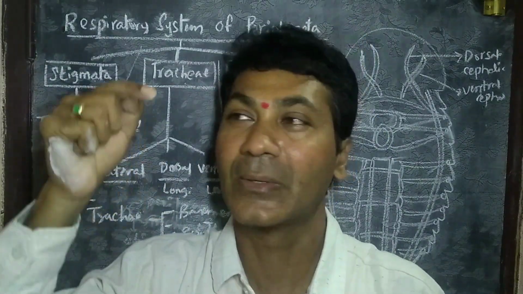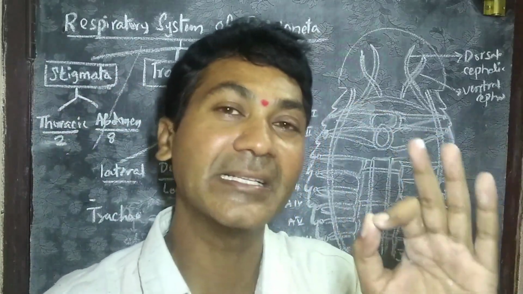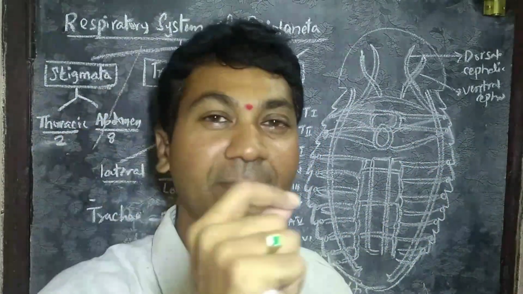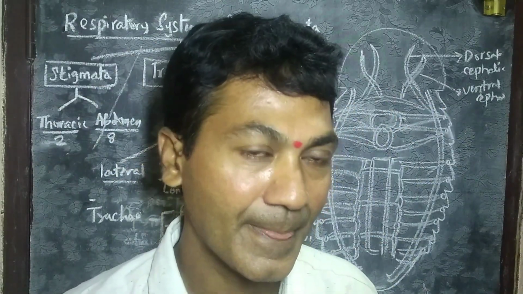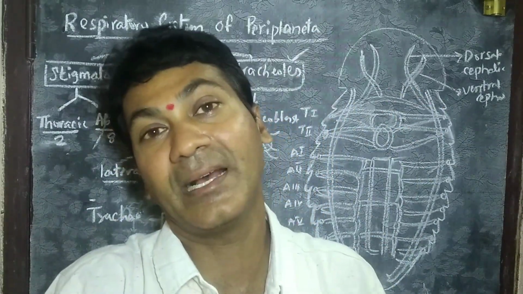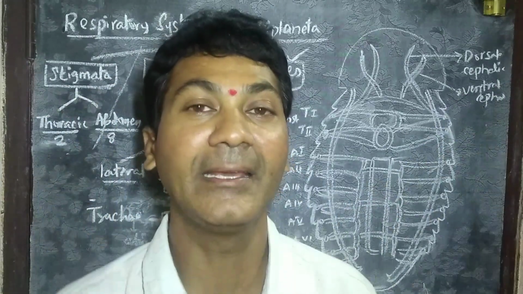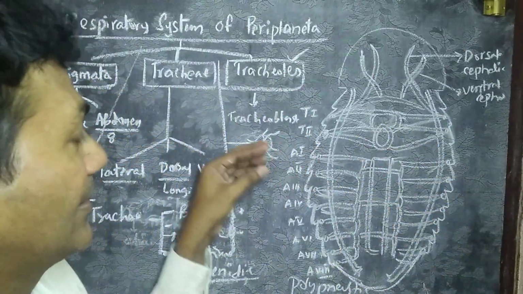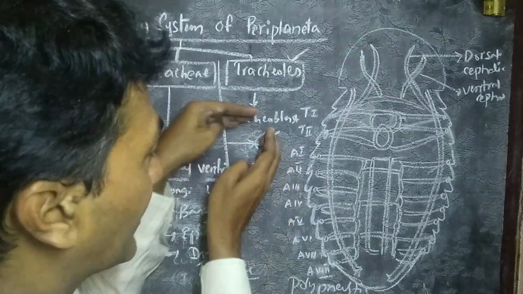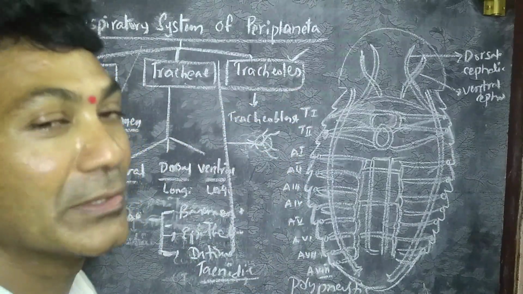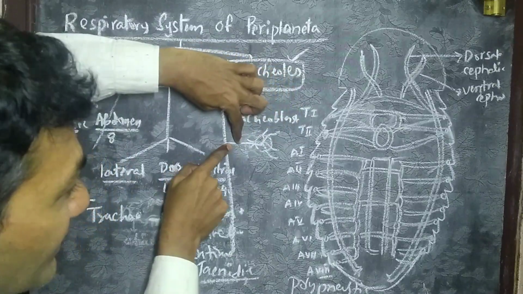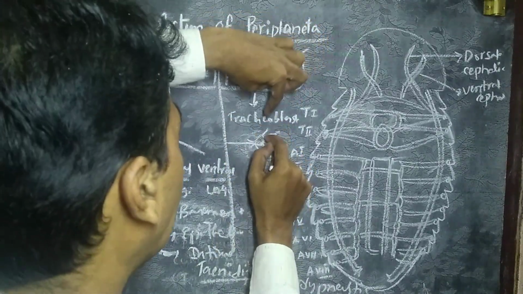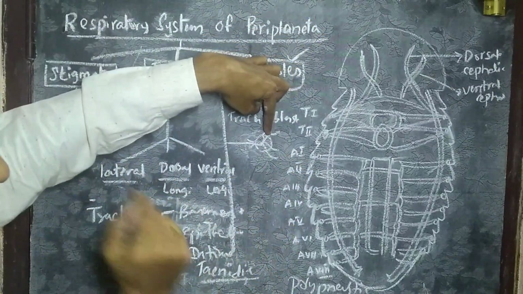Clear? So when the fine branch of the trachea terminates at a cell, the cell is known as the tracheoblast. Within the tracheoblast, it divides further. Those branches are known as tracheoles. Whereas the difference between tracheoles and tracheae is mainly that tracheoles do not have intima or Ctenidae.